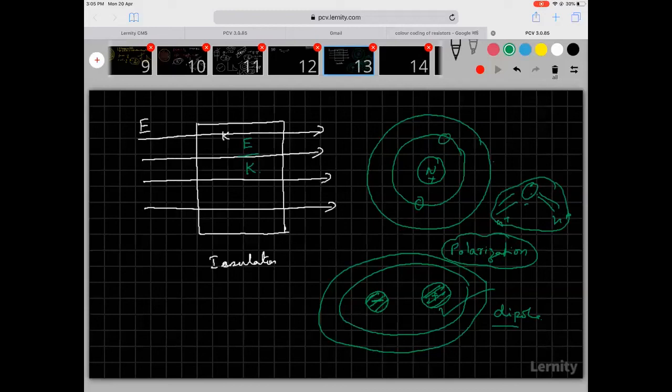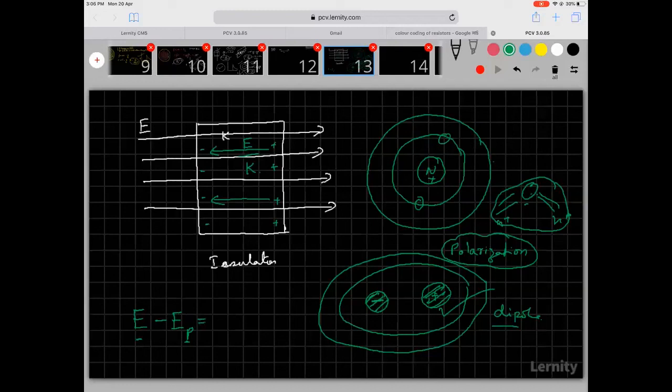Now let's go to this case. It's pretty interesting. There seem to be some positives on this side and some negatives on this side. Do you see that there will be an electric field in this direction? So you have the external field, minus the electric field due to polarization, which is opposite to the external field.